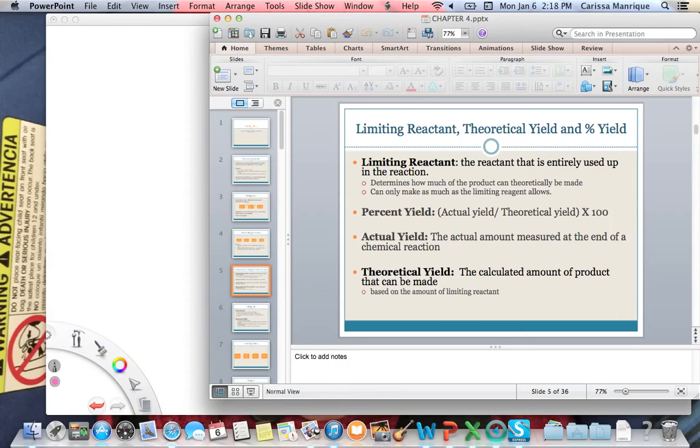When we have an Oreo, we have 2 chocolate cookies and a cream filling. So we need 2 chocolate cookies for every cream filling. So let's say we have 6 cookies and 10 cream fillings, and what we're trying to make is an Oreo.